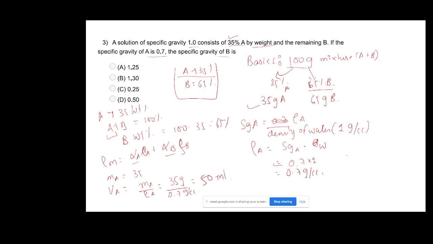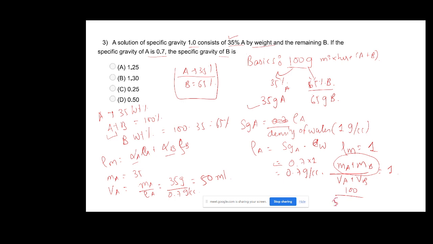And for B, we need to calculate. The mixture density is 1, so the total mass, MA plus MB, upon the total volume is 1. The total mass is 100.